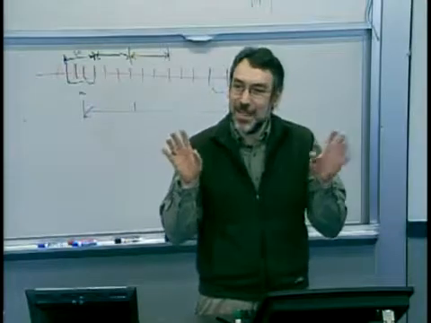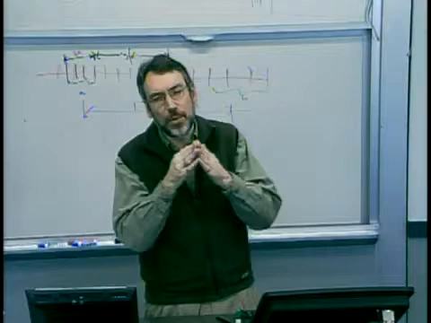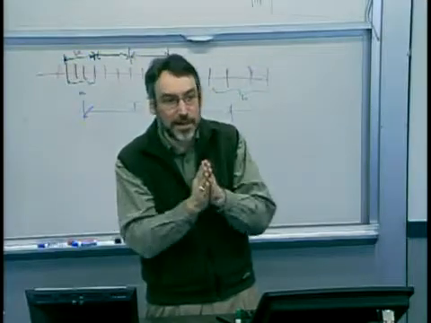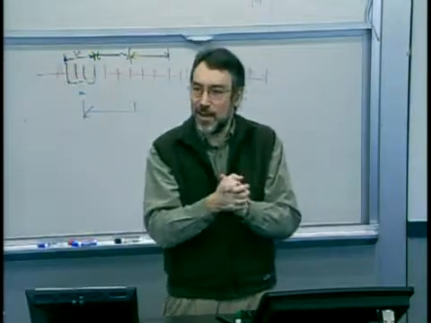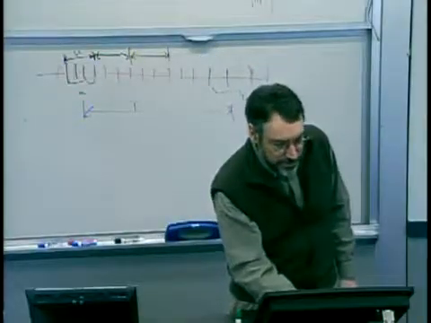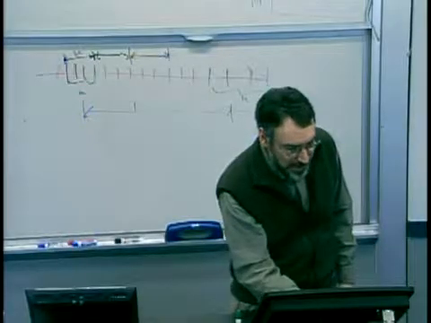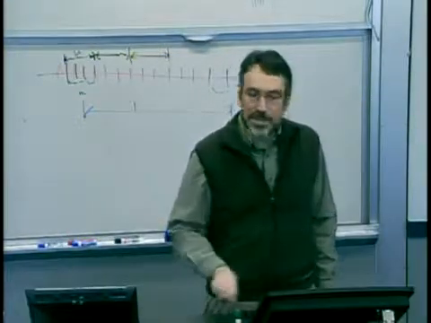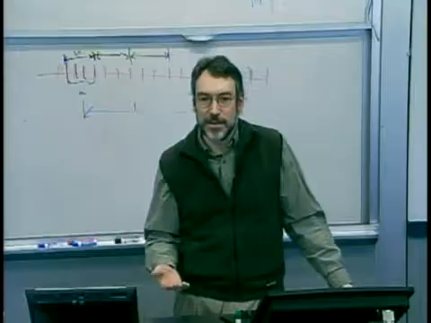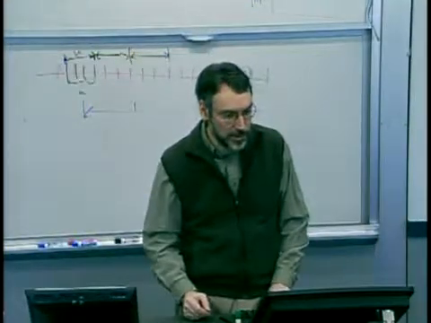So my CP, in some sense, my inherent capability of the process in terms of spread is still exactly the same. But now, because I'm off-centered, the distance from mu to the lower spec limit is 0. So my CPK is 0 in this case. Right? So qualitatively, these are very different.